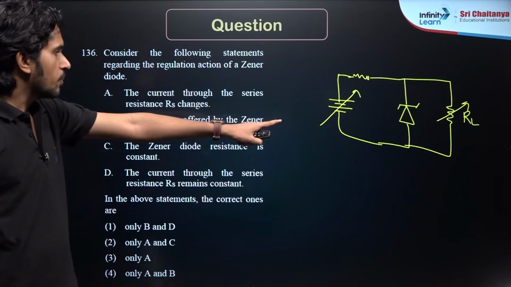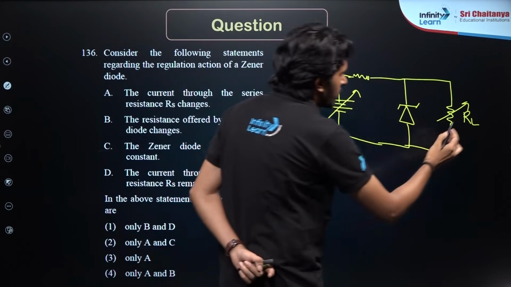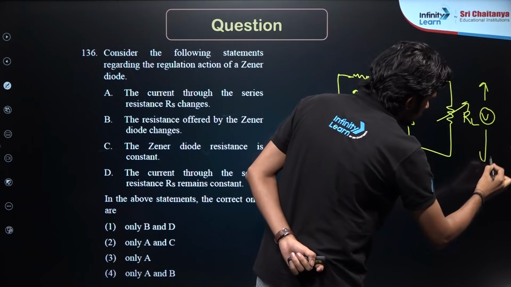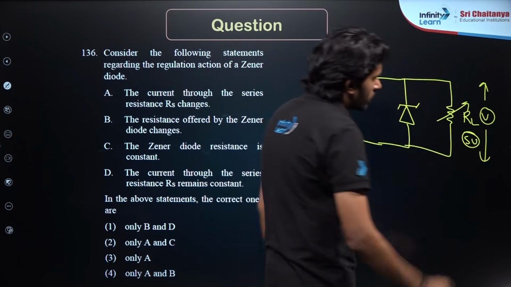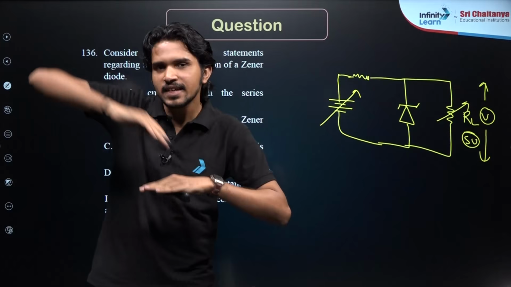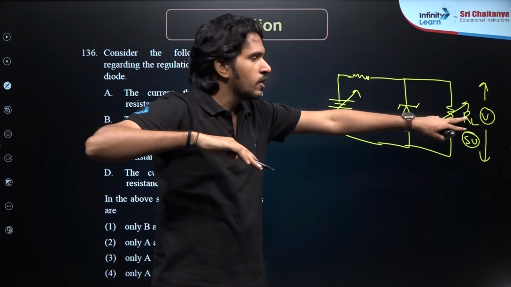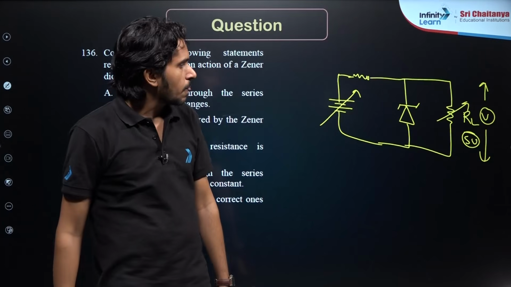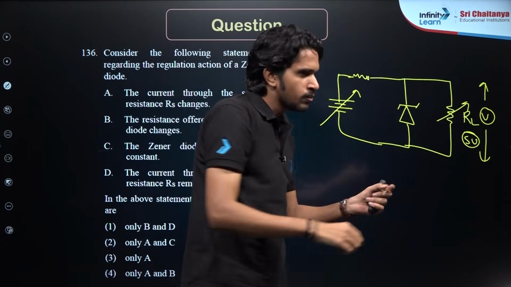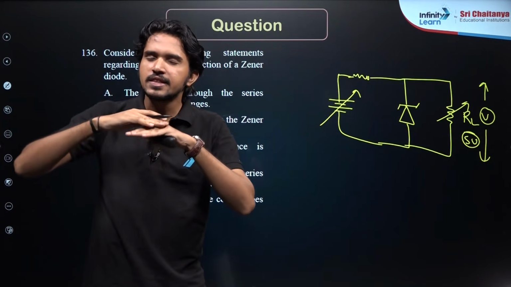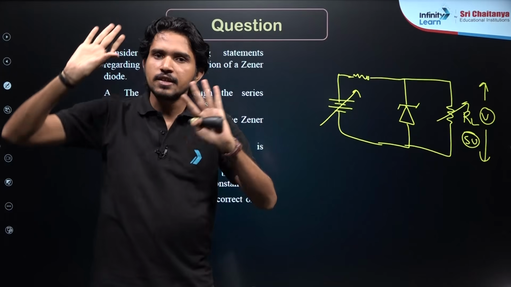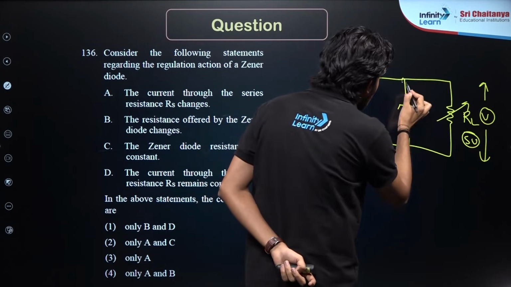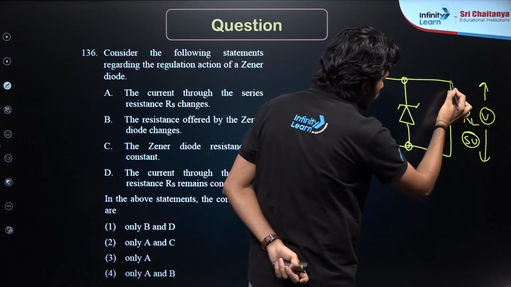Now look, if the voltage for this load exceeds, like 5 volts, then it will fuse or stop working. That means we want a voltage that is maximum 5 volts. So it keeps the voltage constant across it.